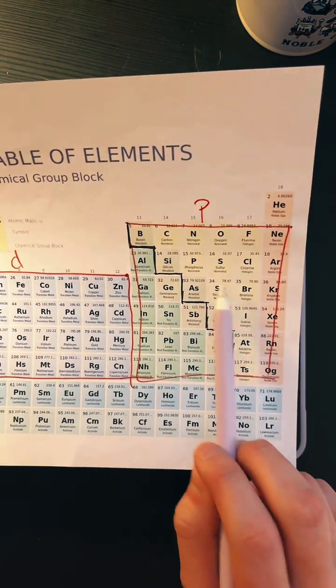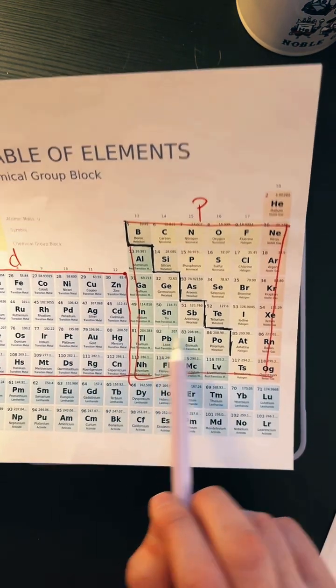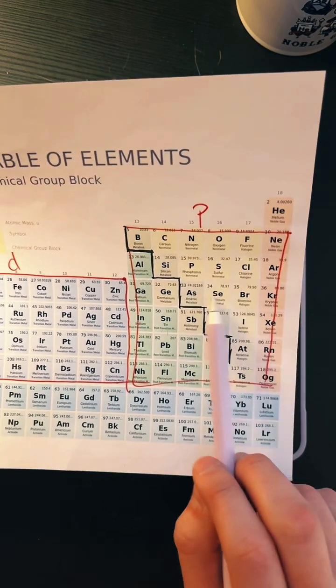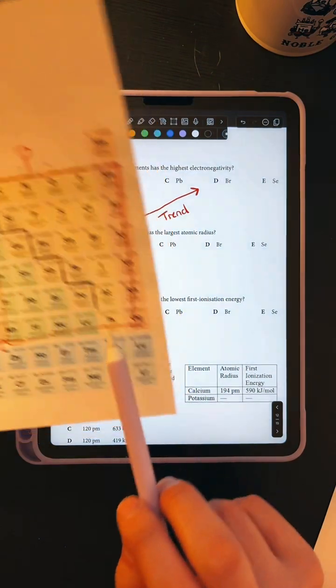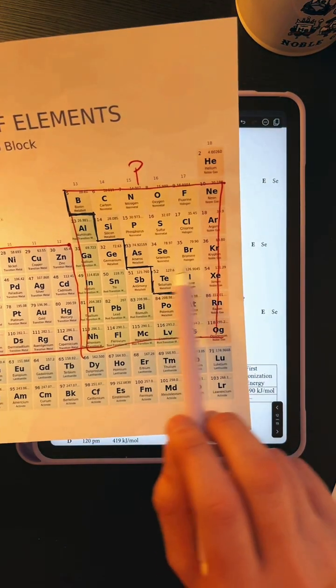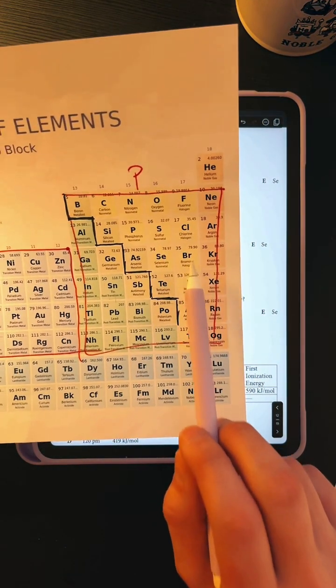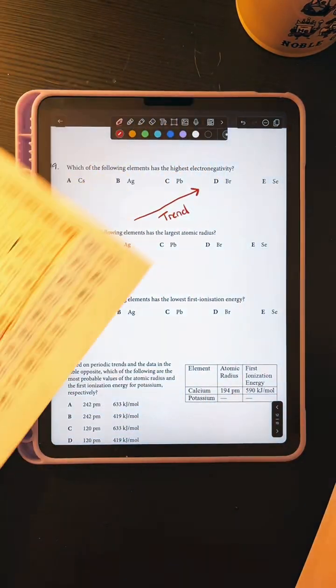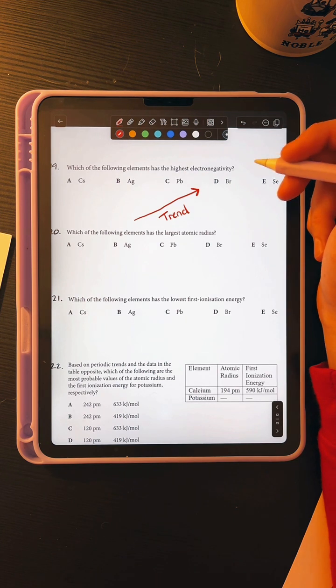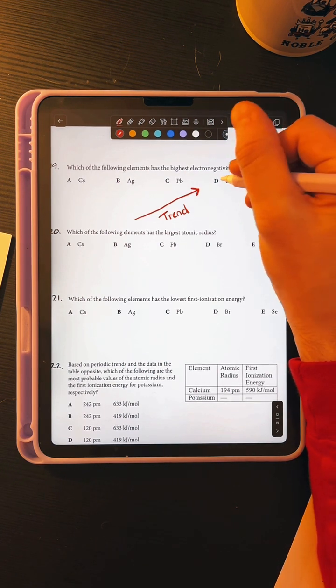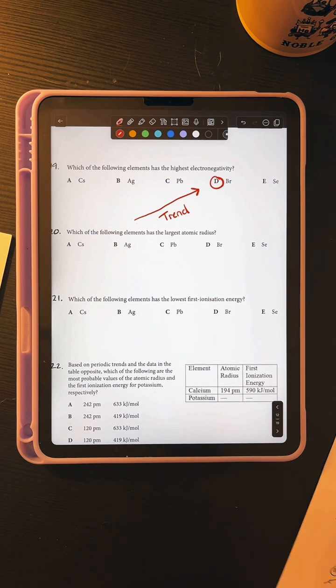So right away, selenium already takes the cake over silver and lead because it's further up to the right on the periodic table. And then we have bromine as our final, which is all the way over. So bromine is more electronegative than selenium. So our most electronegative, or the thing that has the highest electronegativity, is choice D, bromine.